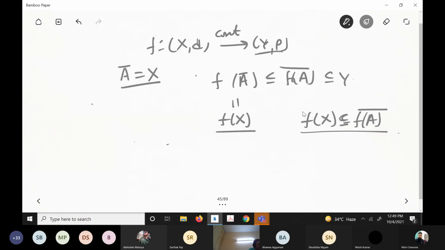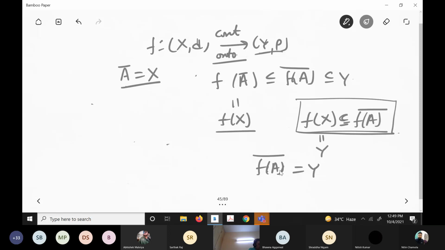Fx we are getting inside the closure of Fa. Well, first just take this to be onto. Later on you will see that onto is not required much, but take onto. Then onto means this will be Y, that is, the closure of Fa equals Y. So what you are getting is: if you have an onto continuous map, and if A is dense in X, then its image is dense in Y.